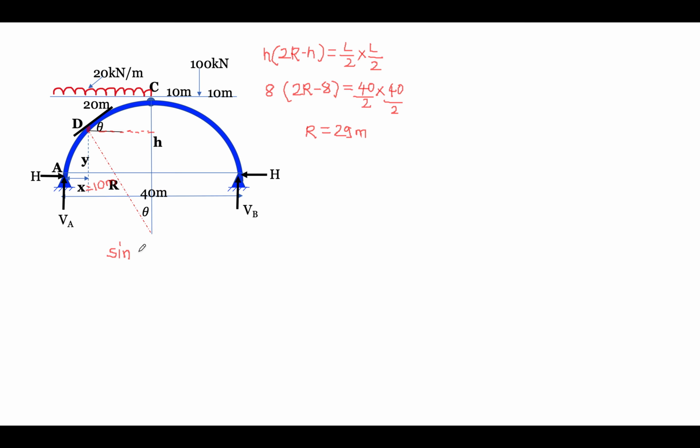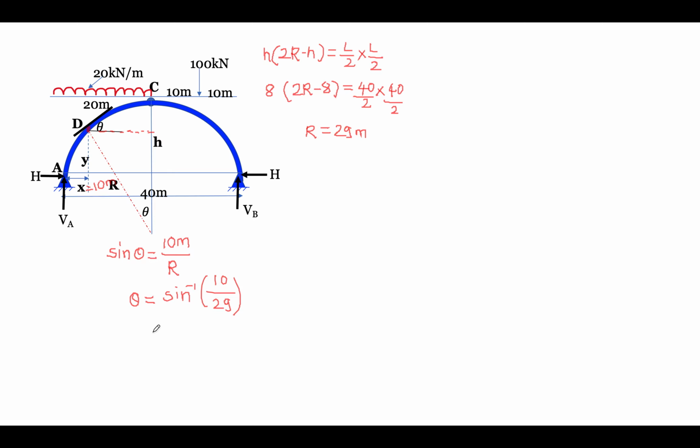Now if you consider this theta, how will you write? Sine theta is equal to this front edge divided by its hypotenuse. What is that front edge? It's nothing but 10 meter, divided by R. So we can write theta is equal to sine inverse of 10 by R, and R is nothing but 29, which we just found out.